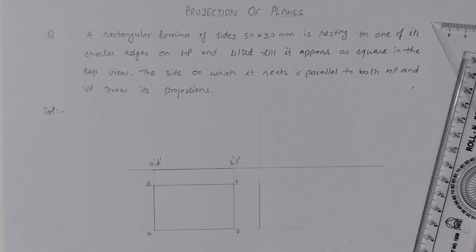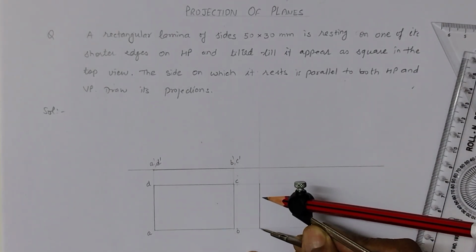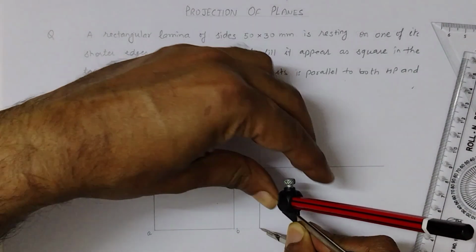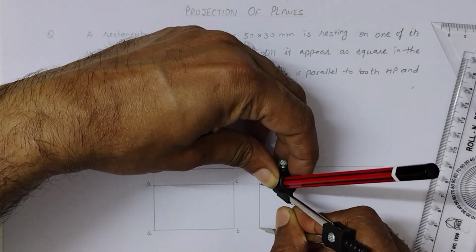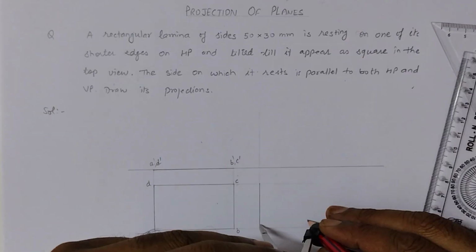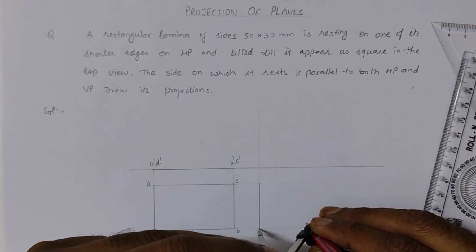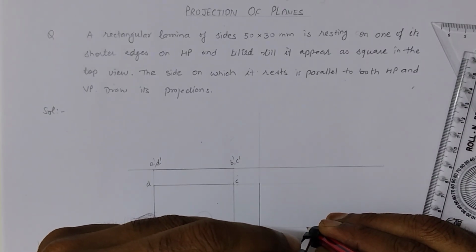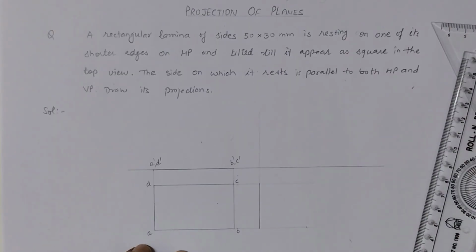Now with the help of a compass, cut equal distance to the side of this rectangle, measure this one and mark the same distance here to draw the square.